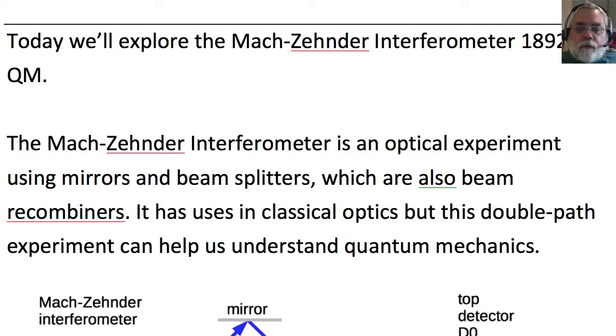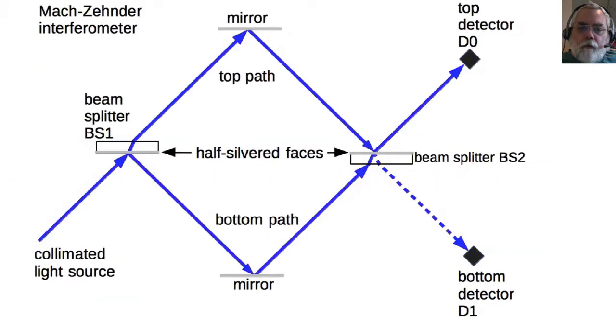It has uses in classical optics, but we're going to look at it because this double path experiment can help us understand quantum mechanics. The results are similar to the two-slit diffraction experiment. You might find this simpler, but it's important to be exposed to both of them.